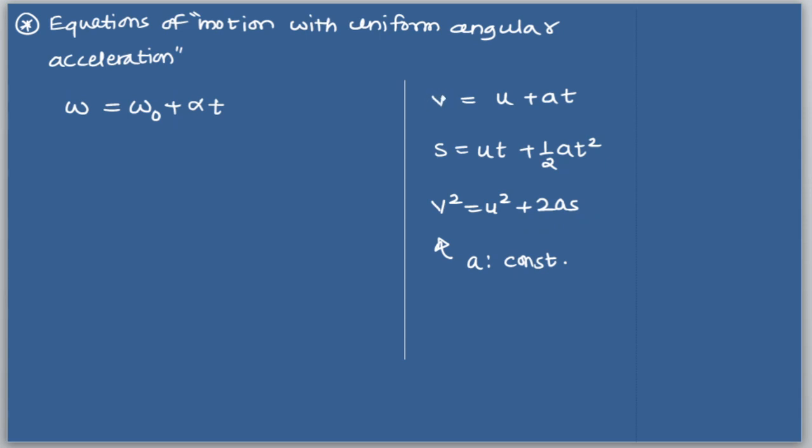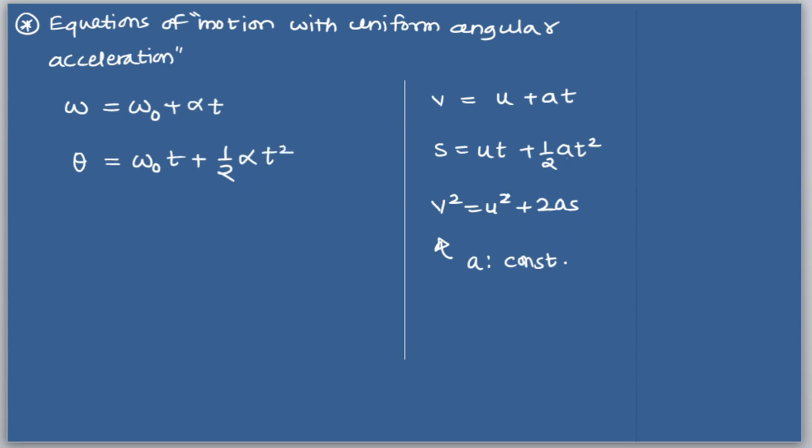Linear displacement becomes angular displacement, which we will write as theta. Initial angular velocity u will be replaced by omega 0, into t, time interval as it is, plus half as it is, linear acceleration a becomes angular acceleration alpha, time interval square.